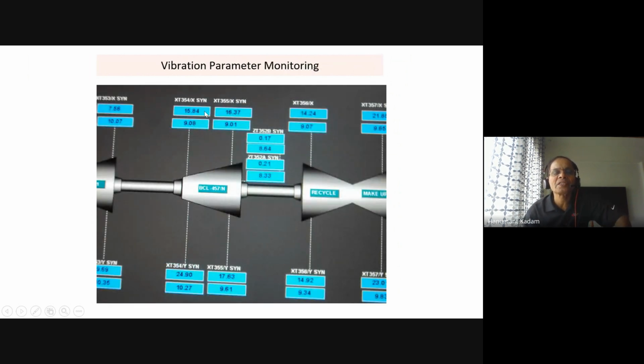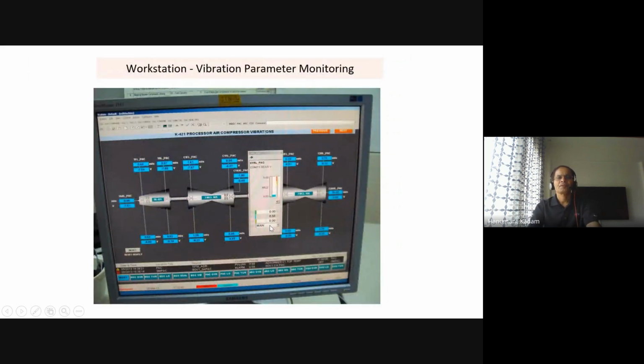So you can see the readings of the vibration on the DCS side. At this point, 9.08, 15. So 15 means this is the axial side. These are axial sides. Radial side, you can see readings are less than 4 something.